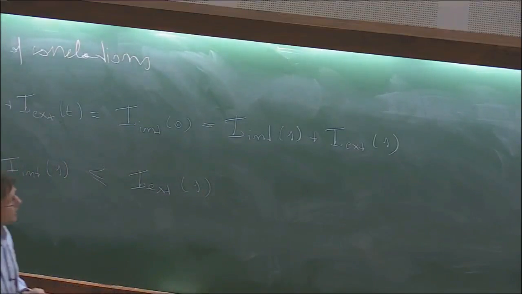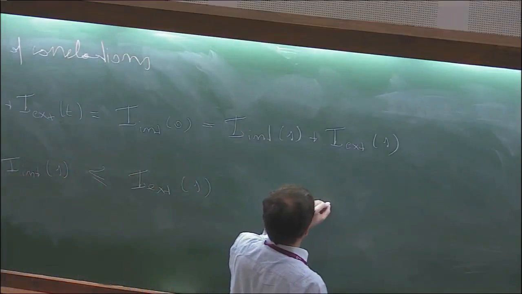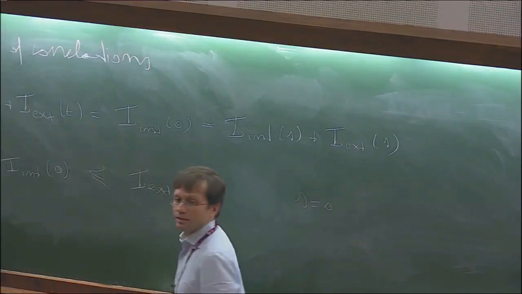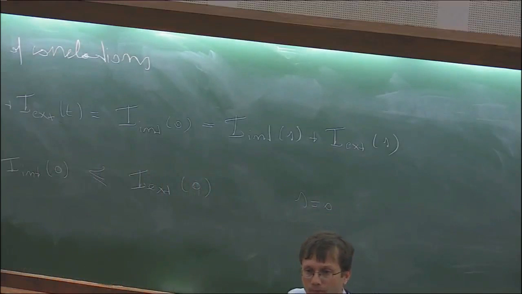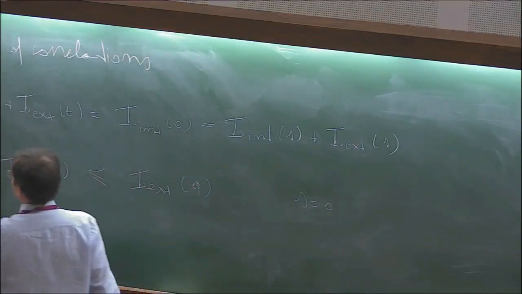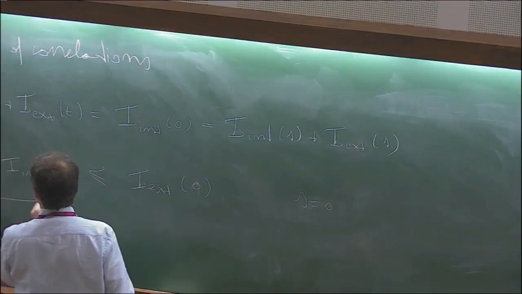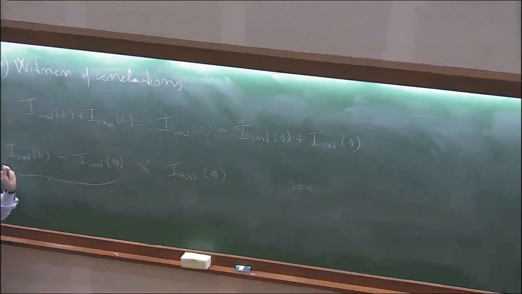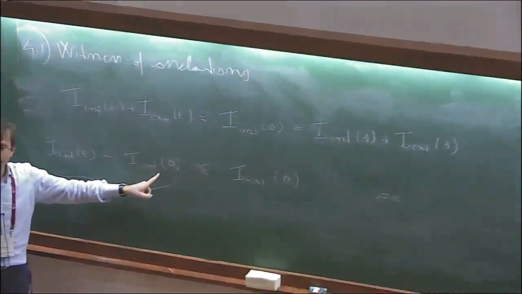Now in particular, take s equals 0, where 0 means the initial state for the dynamics. So what we have here on the left-hand side is the growth of the trace distance with respect to the initial value.